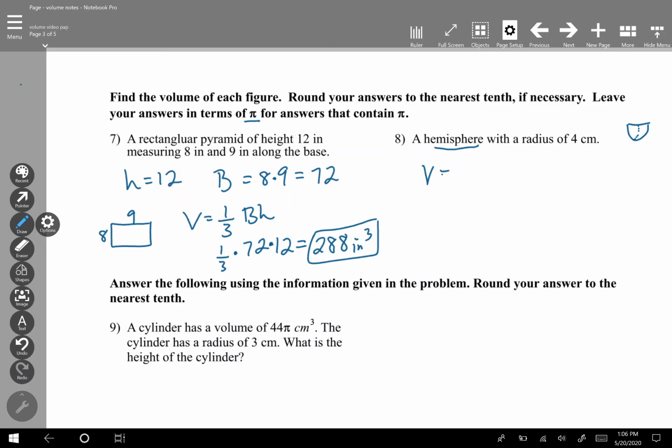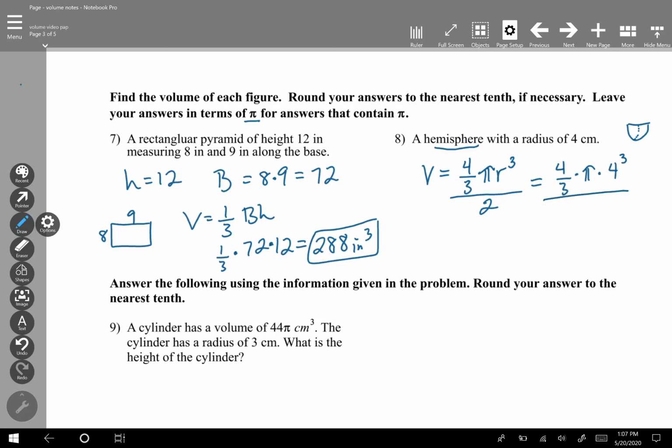So volume, it's 4/3 pi r cubed, but we only want half of it, so you can either multiply by 1/2 or you can divide by 2, whatever you like. I'm just going to do divide by 2. And you have to do the whole top part first and then divide by 2. So basically get the volume of a sphere, press enter, and then just do divide by 2. So we will do 4/3 times pi times, and then our radius is 4.